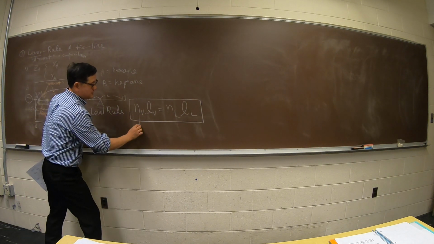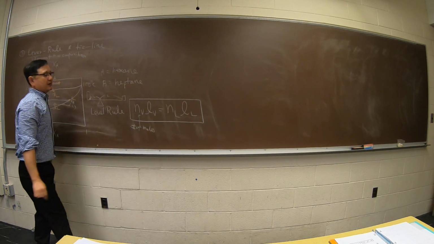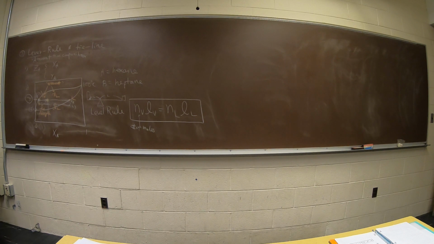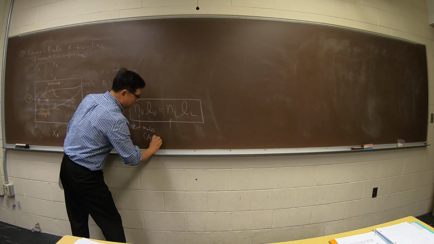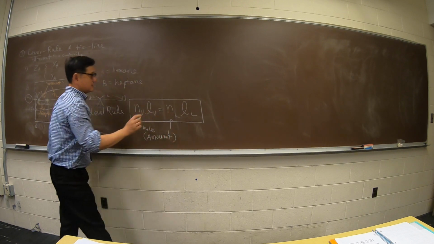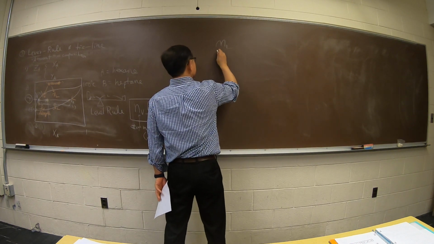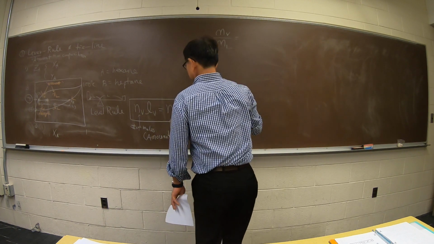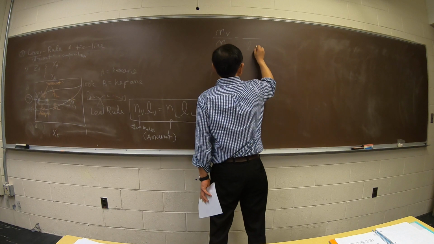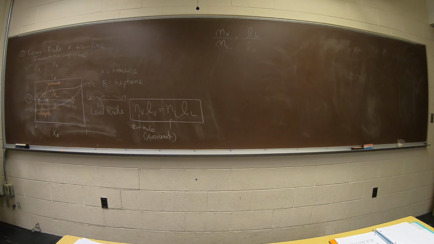So NV over NL is LL over LV. You can think of that as inversely proportional, that's one way to look at it.